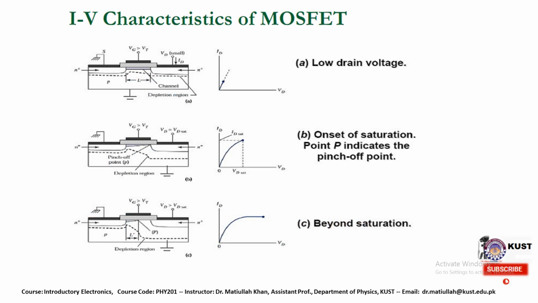Drawing the IV characteristic for the MOSFET, at low drain voltage we have a direct relationship between ID and VD.